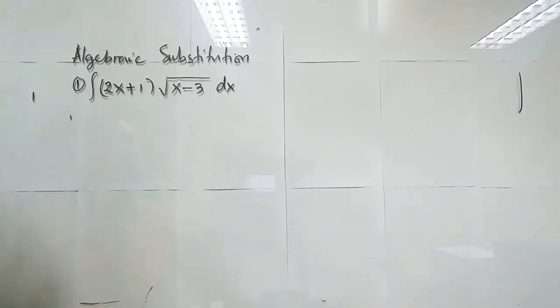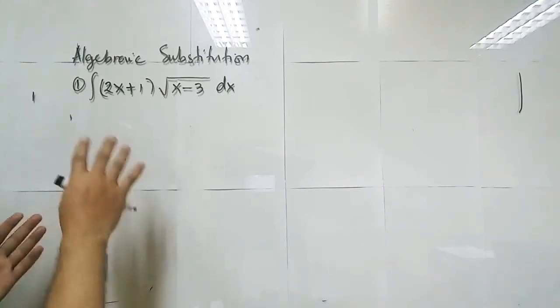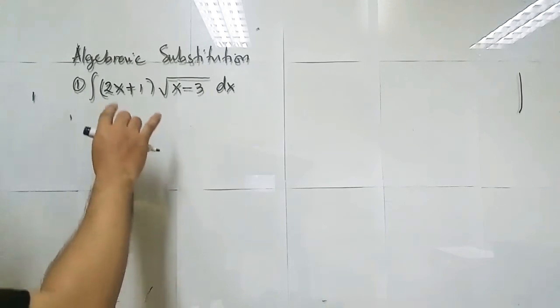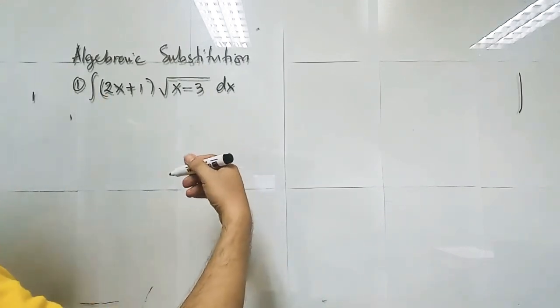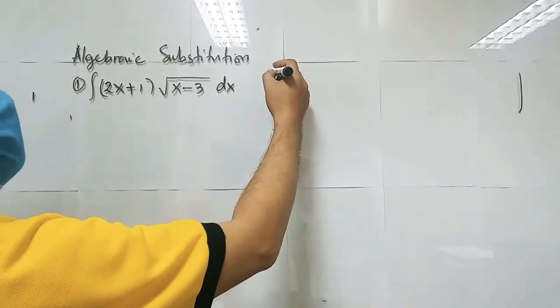Now in our basic integration, we cannot solve this problem. So we can use another technique of integration, which is algebraic substitution. Now in algebraic substitution, we use, let's say, any variable.